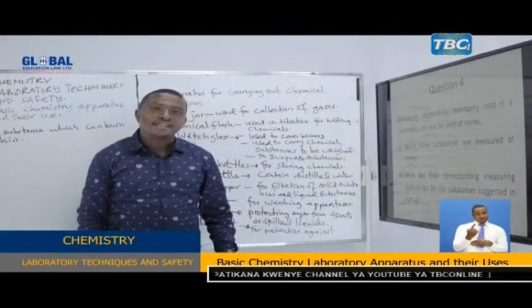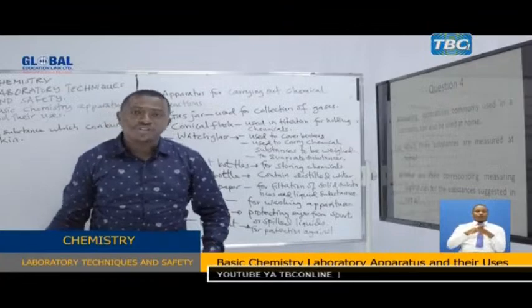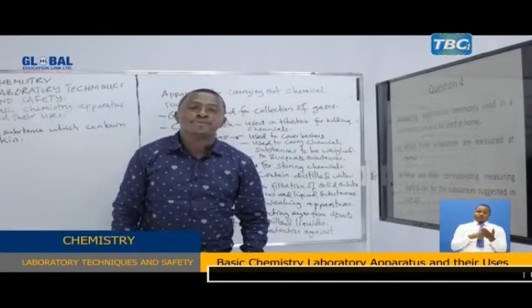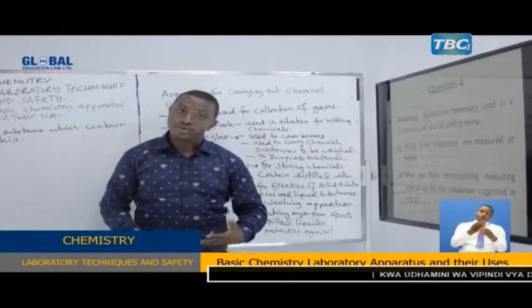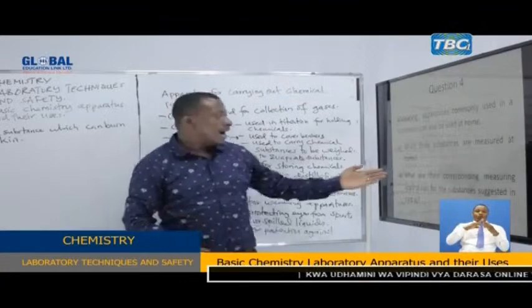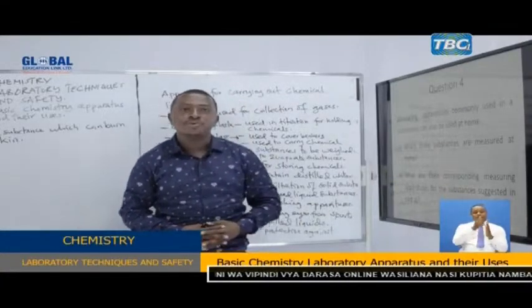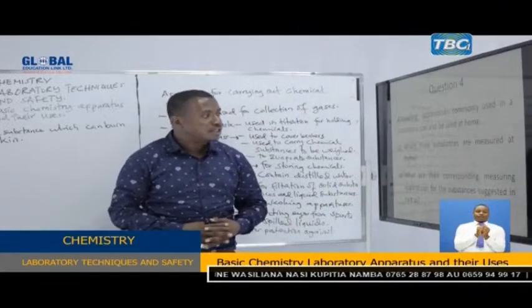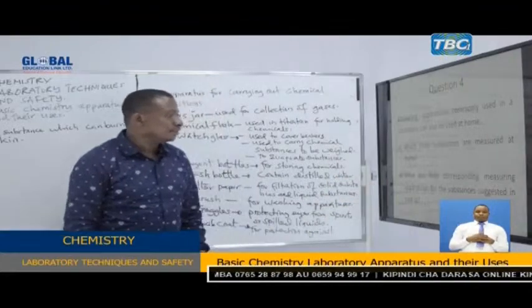We said there are several apparatuses that can be used in the laboratory and used at home. Take an example of a thermometer. A thermometer is used in the laboratory, but we use thermometers at home. Now, just give the other 2 substances that can be measured at home, and give 2 apparatuses that can be used at home.